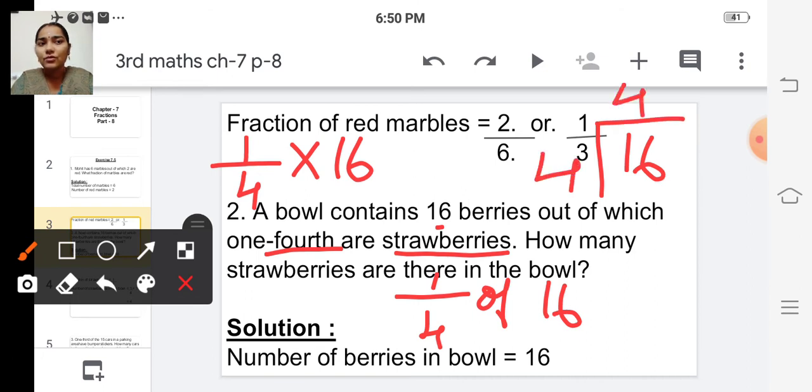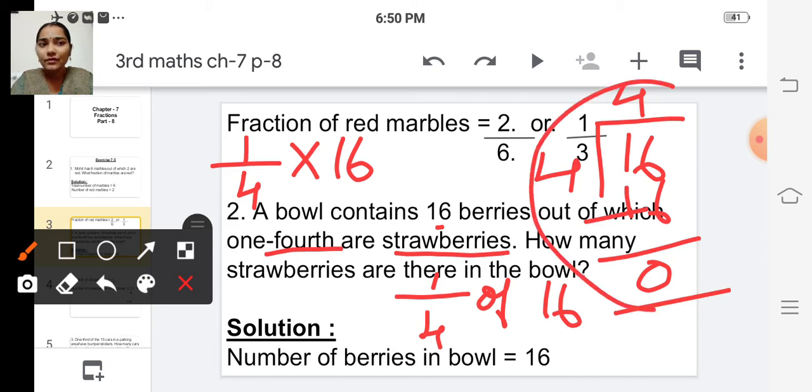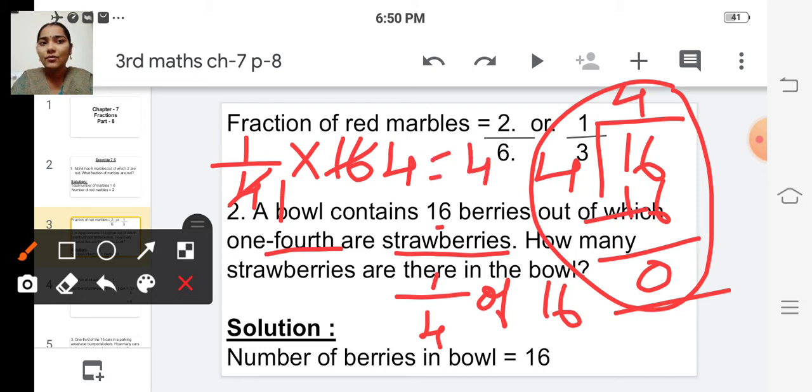So 4 4s are 16. So instead of dividing, we can cancel out here itself. How? 4 1s are 4 and 4 4s are 16. So the answer is 4. Same answer we got, isn't it? So there are 4 strawberries in the bowl.